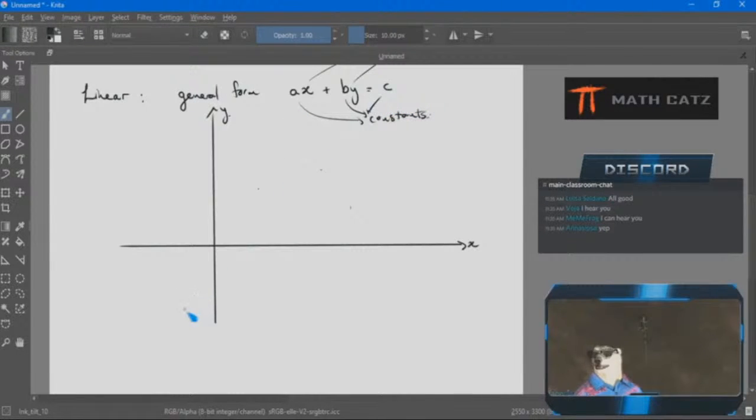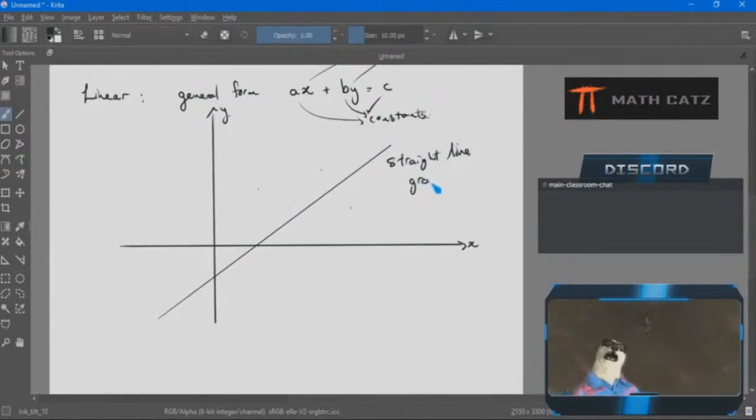We get some sort of straight line depending on the a, b, and c values. But it's always going to be a straight line graph.